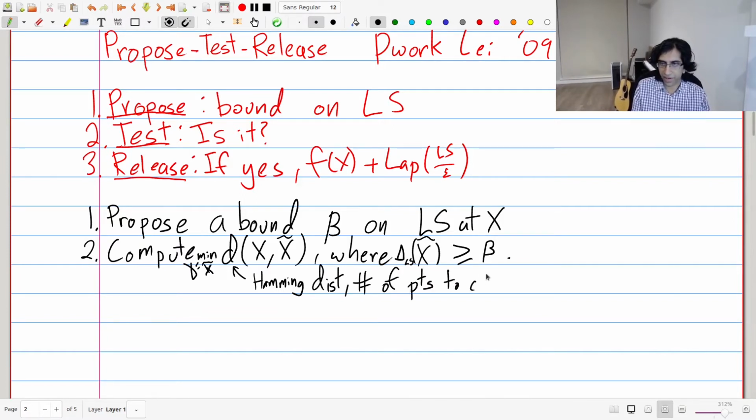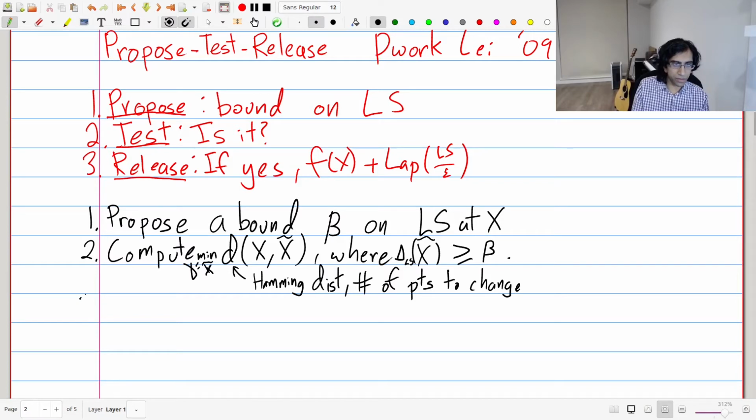This is, I think, intuitive in the sense of differential privacy, because usually we look at neighboring data sets which correspond to Hamming distance of 1, but here we're going to find how far it is to the closest one. Okay, so that's an important quantity.